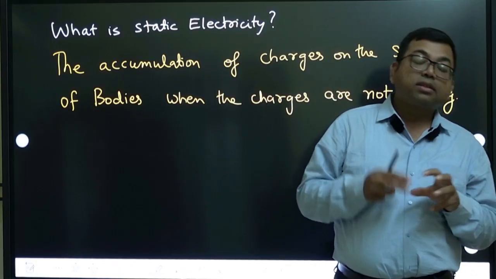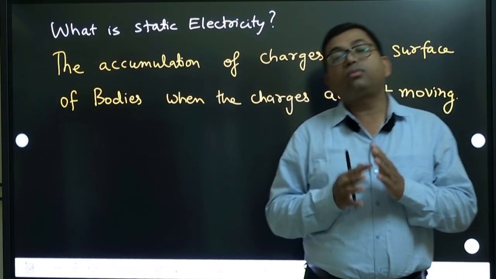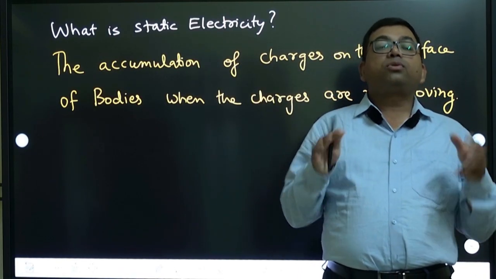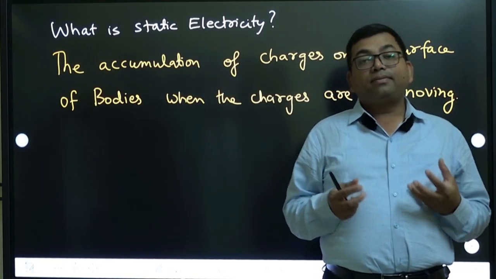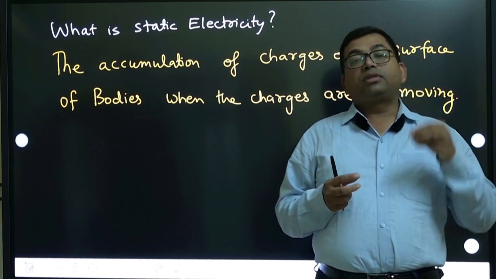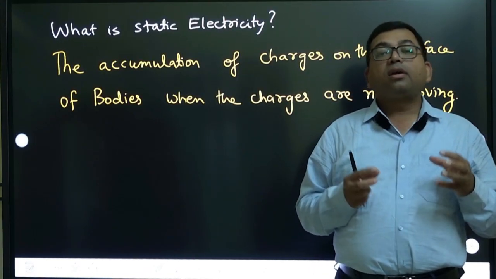And how can charges accumulate? Due to friction. One example we are seeing is that whenever you are rubbing two bodies, charges are produced on both the bodies. How are charges produced? Because the atoms have a nucleus inside, and the electrons are there, and the outermost electrons are loosely bound.